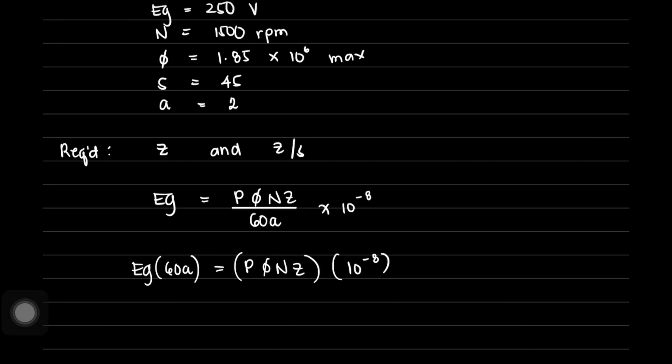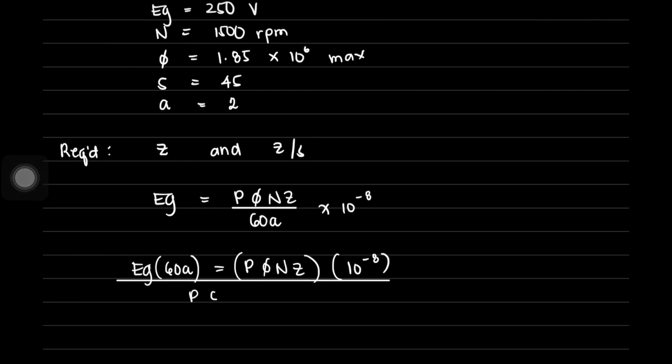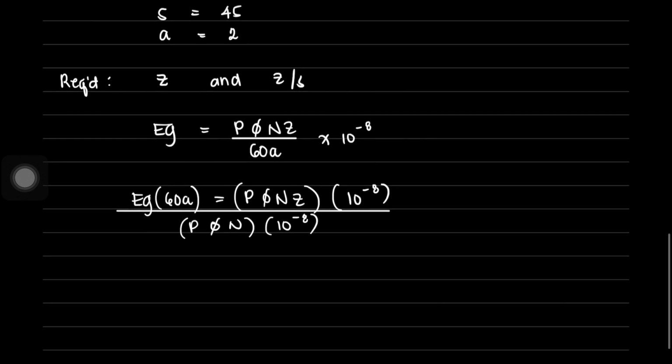And since we are interested in the number of conductors, we're going to divide both sides by P phi N and 10 raised to negative 8. Therefore, the total number of conductors will now be equal to the generated voltage multiplied by 60 times A all over P phi N times 10 raised to 8.